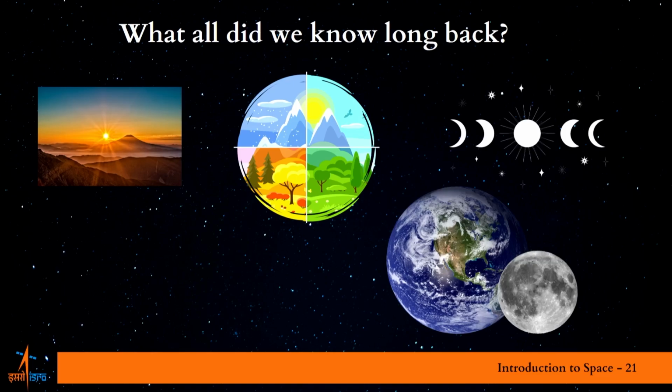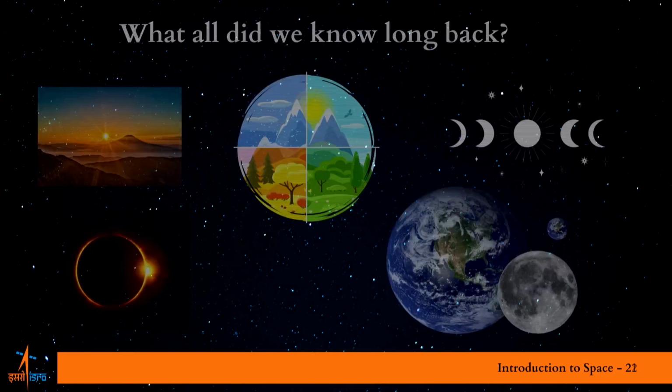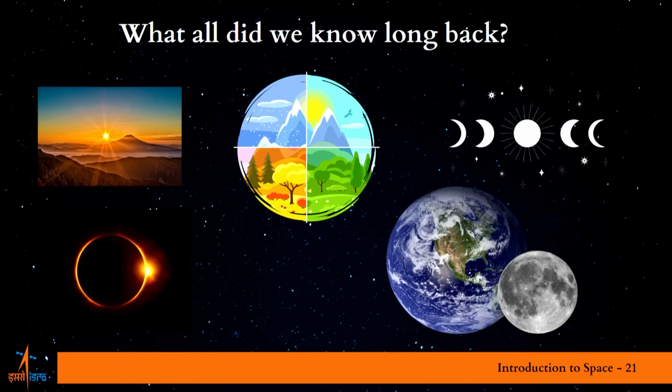Based on their position and shape, they also created mythological stories. They didn't just look at the stars, they observed various celestial events like solar and lunar eclipses, comets passing by, phases of the moon, etc., and calculated when they would repeat again.